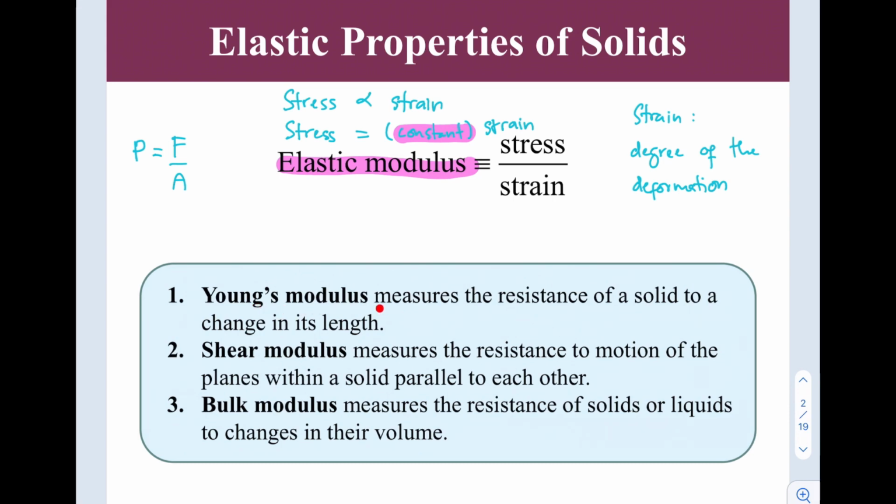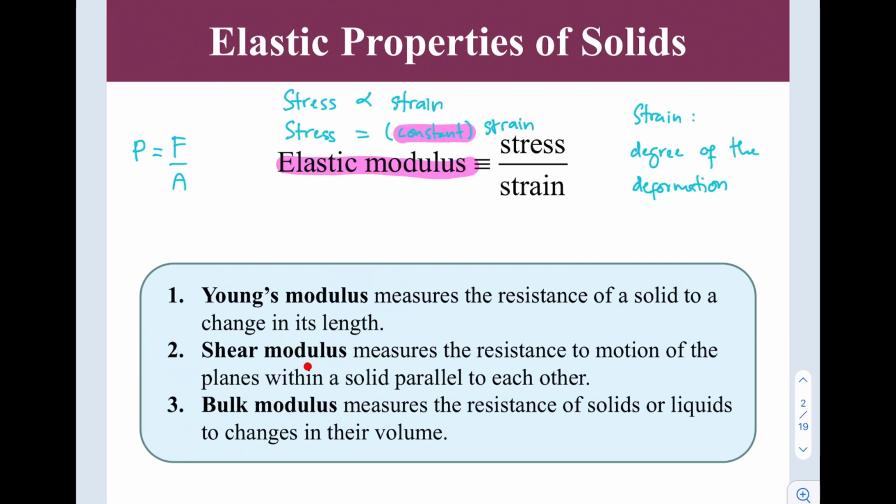We have three kinds of elastic modulus to be considered in your syllabus. The first one is Young modulus. It measures the resistance of a solid to a change in its length. The second one is shear modulus.